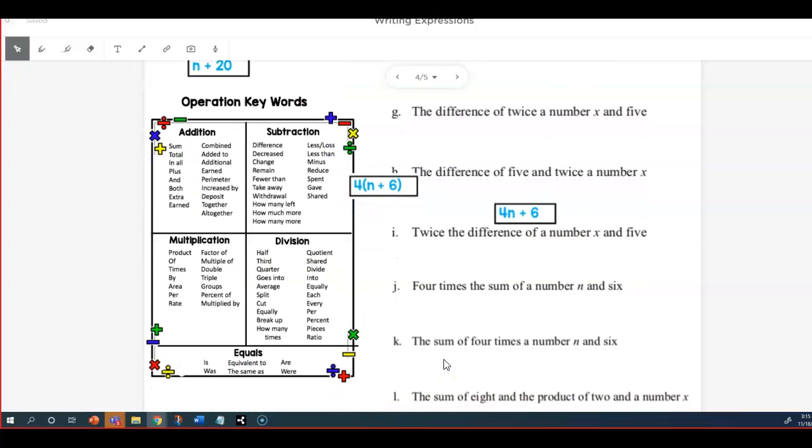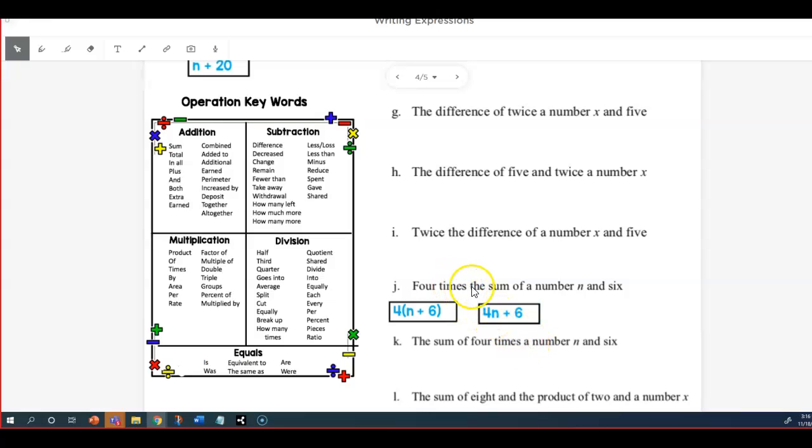Yeah, that's why I said they're drag and drop. All right, 4 times. Okay, 4 and n also means 4 times. But we've got 4 times the sum of a number and 6. So it sounds like we're going to add a number and 6 first and then multiply by 4. So the one with the parentheses is a better fit. But look at this one, the sum of 4 times a number and 6. So I think that one's going to go there.